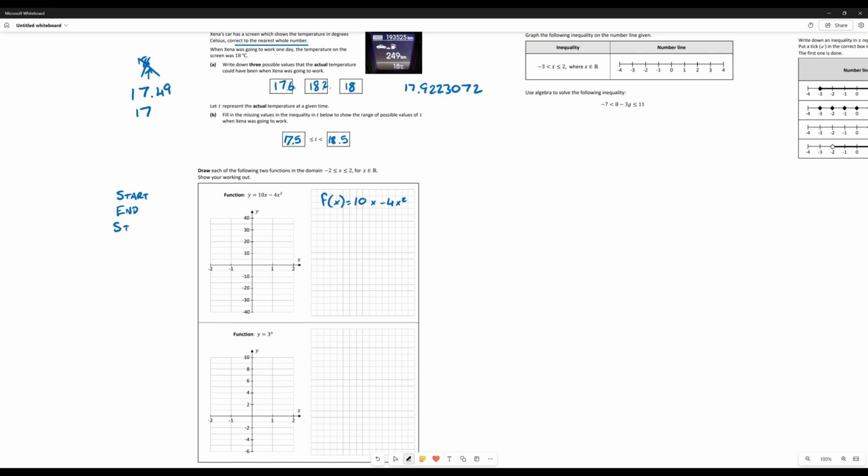But start, end, and step are normally what you would get after you put the function in, after you put the f(x) in. Your start is this number, so -2. Your end is this number, so 2, and your step is going to be 1, because it makes sense that the numbers go up by 1 each time.